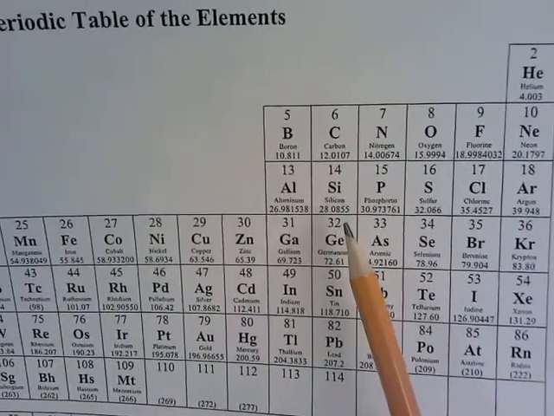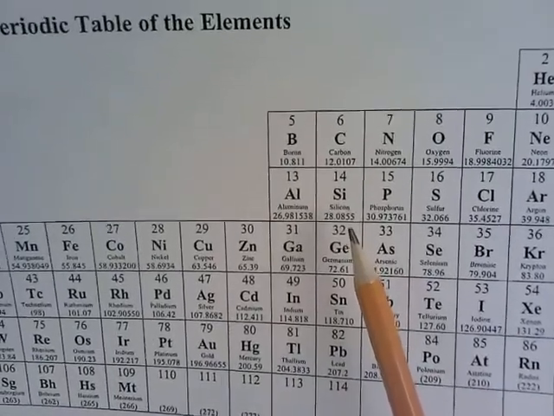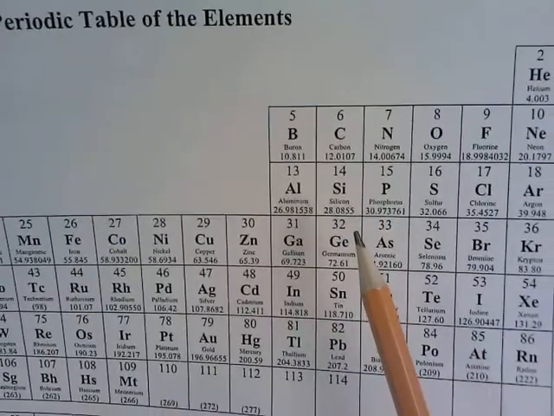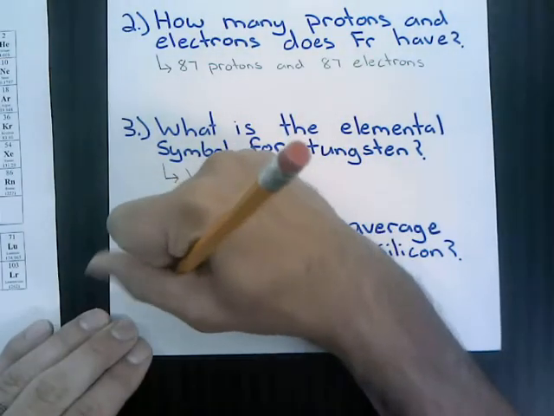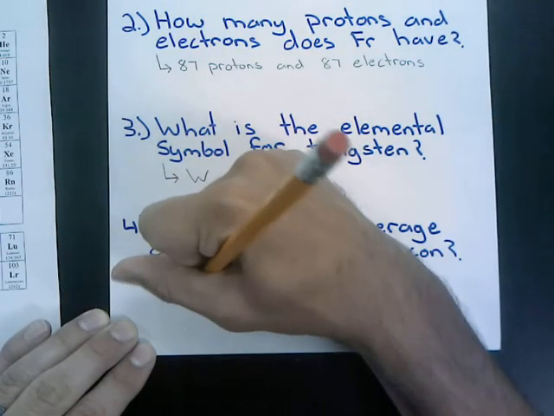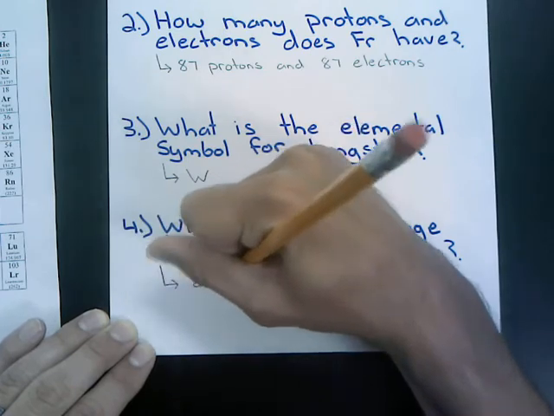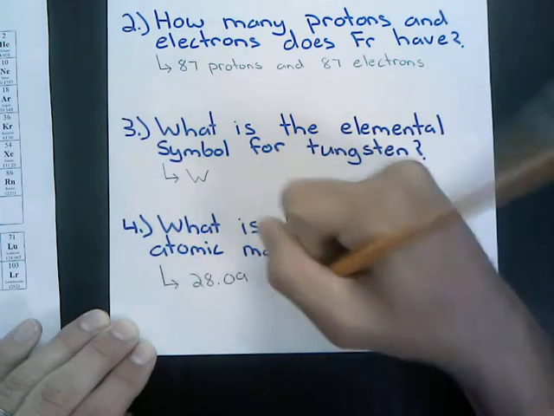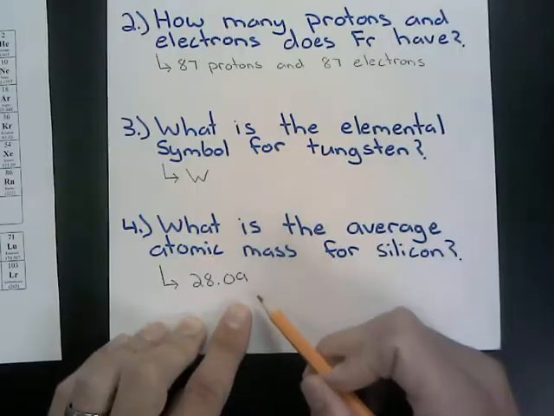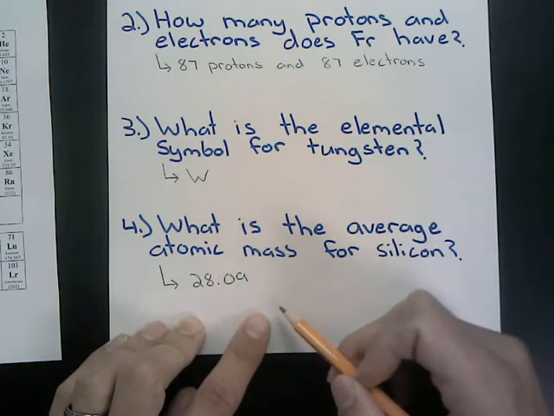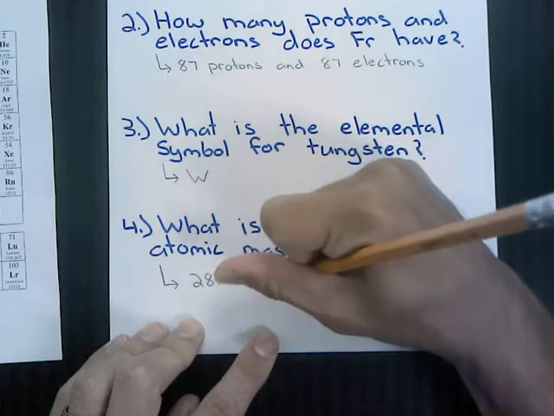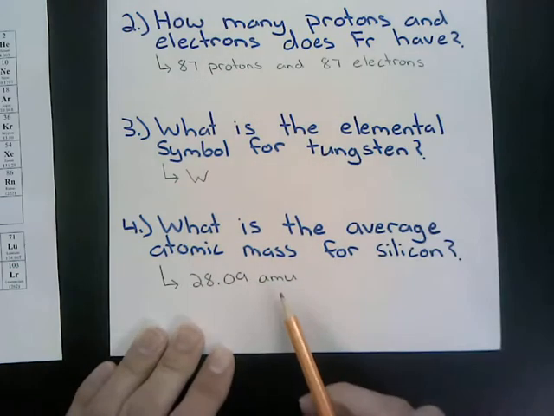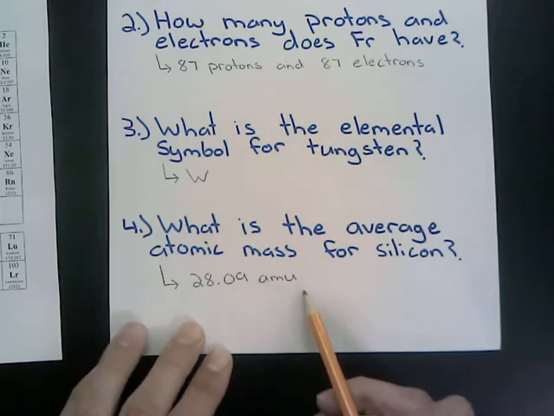So the average atomic mass for silicon becomes 28.09 by the time we round up. Our units for this are atomic mass units, or we can just call that AMU.